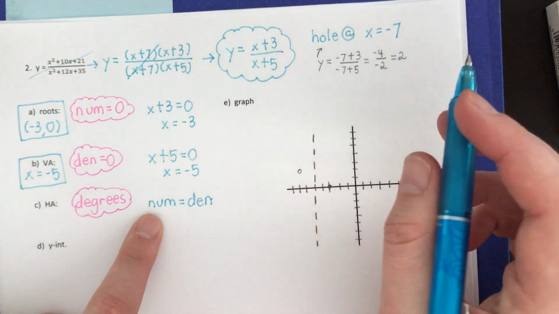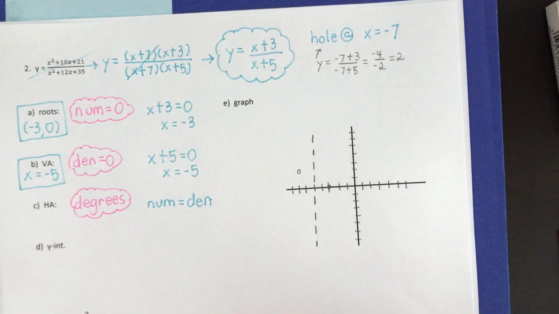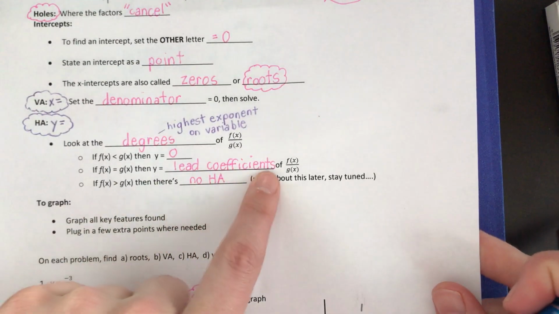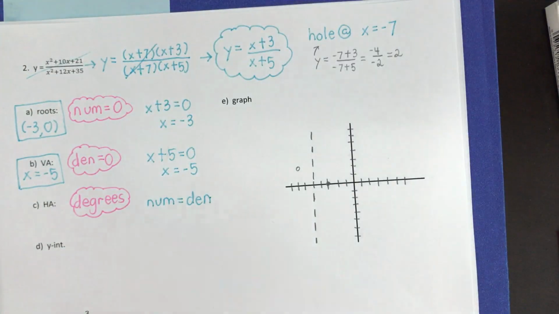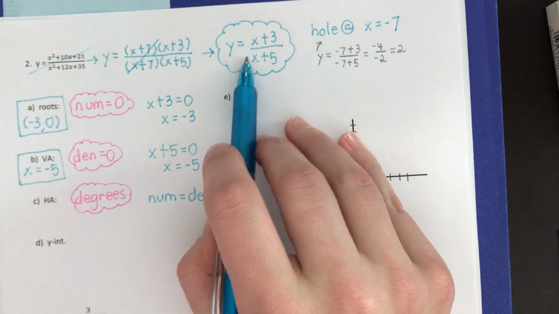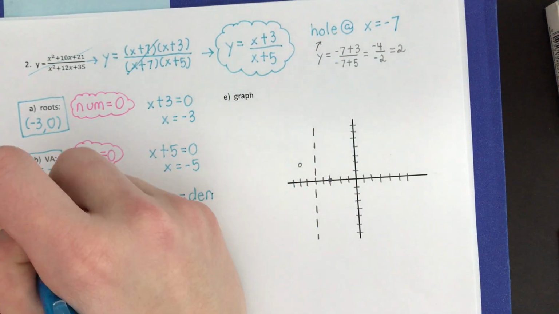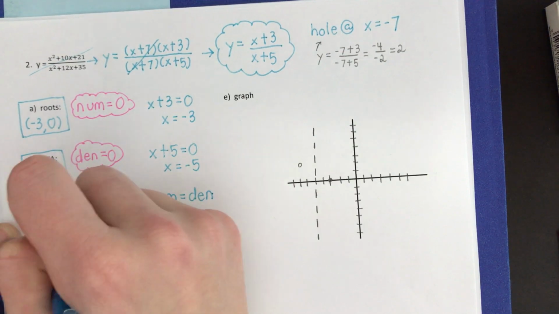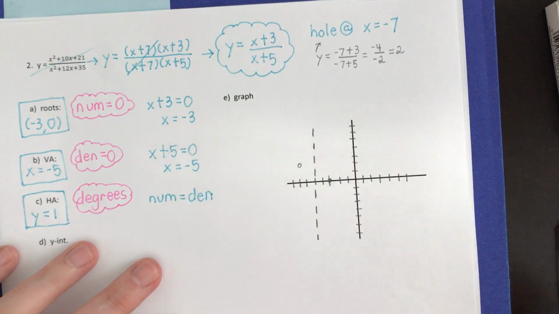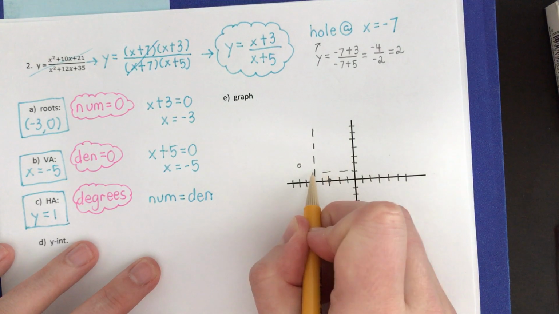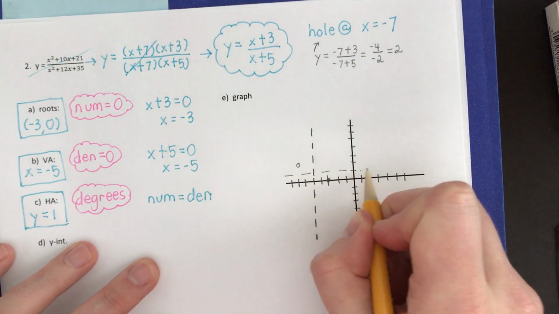So remember, if they match, then refer back to that first page. If they match, then you take the lead coefficients. So the lead coefficient here is 1 divided by the lead coefficient here is 1. So my HA is y equals 1. Now I can add that. Oh, this is starting to really look good.